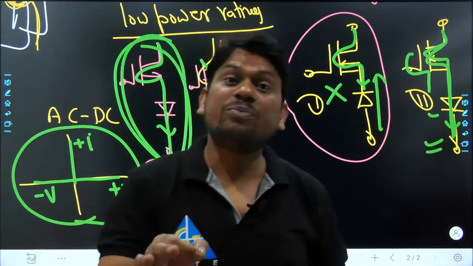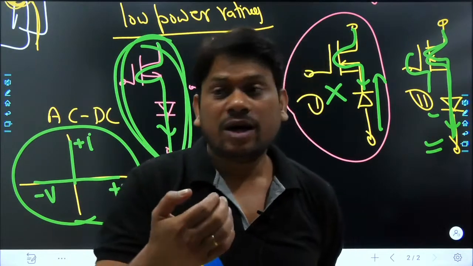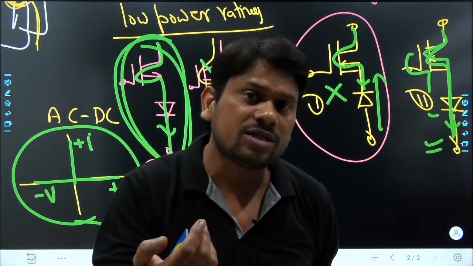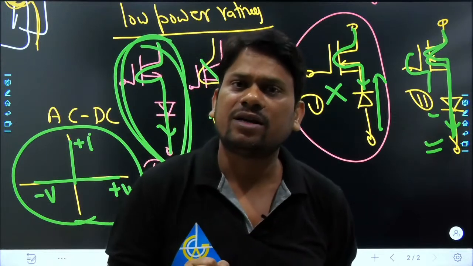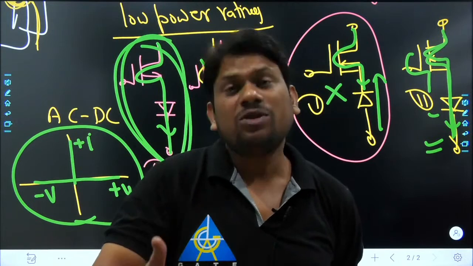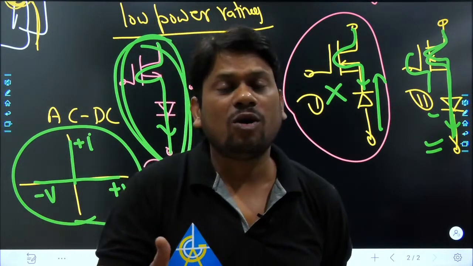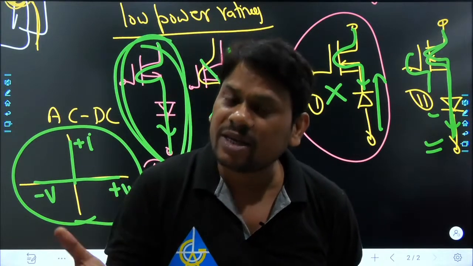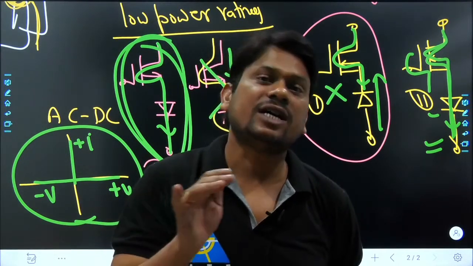So now the main object to design a switch module is nothing but, as I told you, to control the switching frequency, to control the switching losses, to control the conduction losses. Actually, it depends upon how much power rating we require to design our converter. So basically, to design the switch module, we must have knowledge of all the power electronic devices in terms of power handling capacity, switching frequency, switching losses and conduction losses.